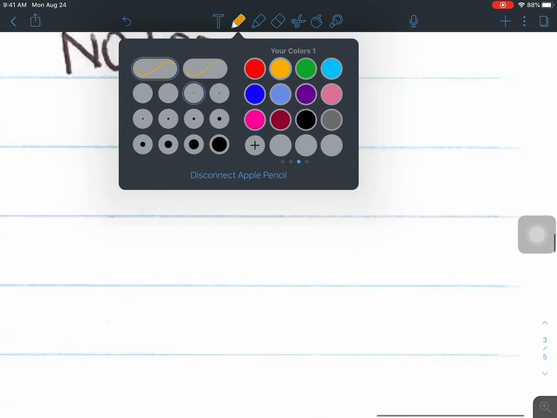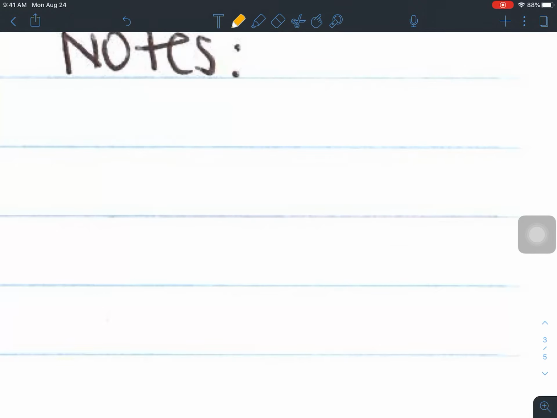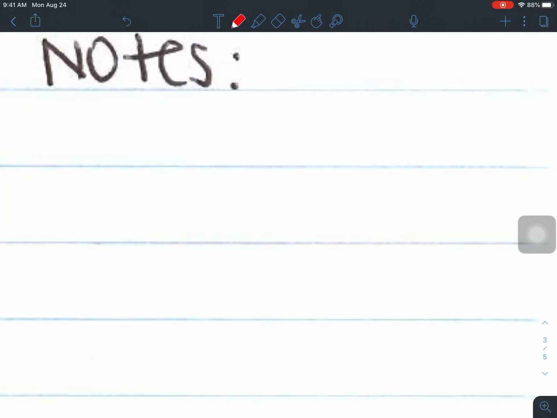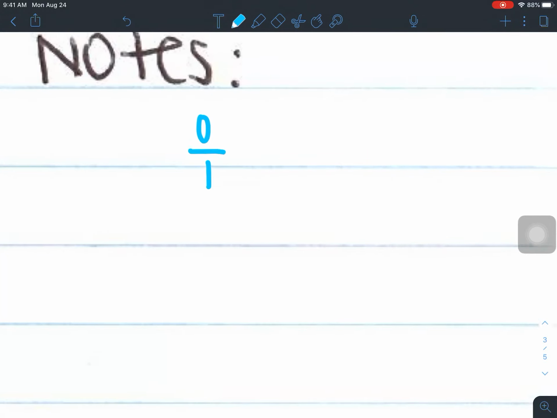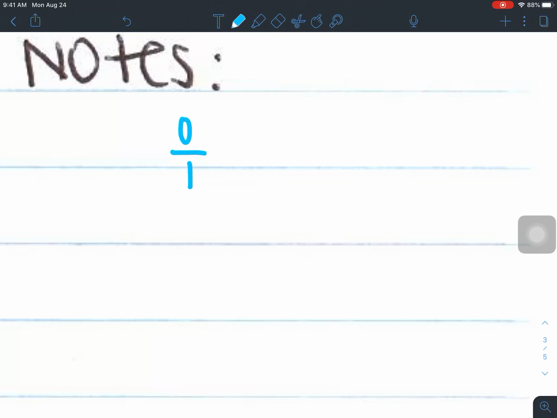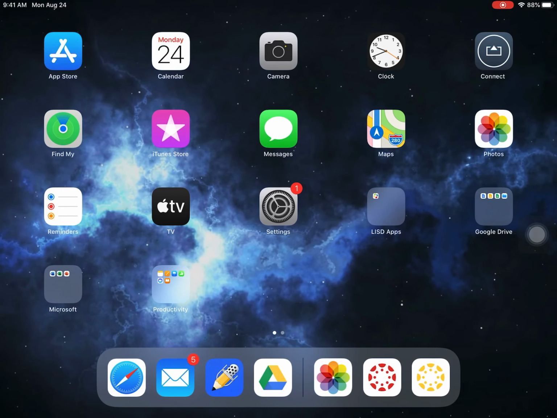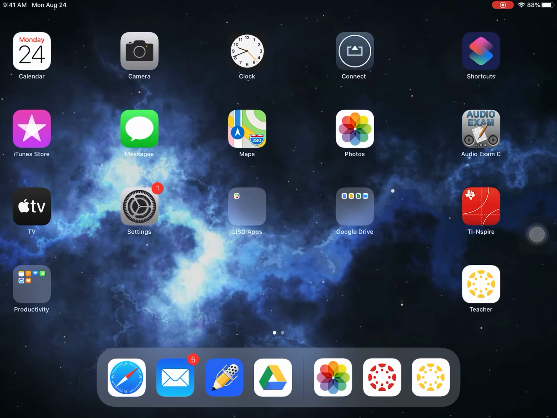So here are our notes. And here's a way to remember when you have no solution versus a solution. So if I have 0 on top over 1, again, 0 divided by any number is going to give me 0. Let me go ahead and type these into Desmos.